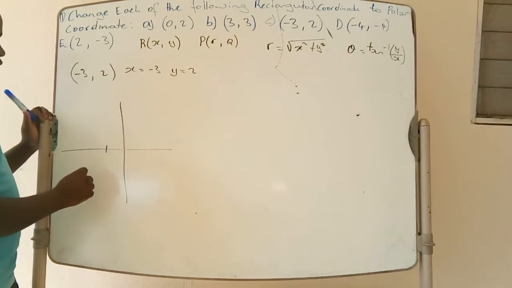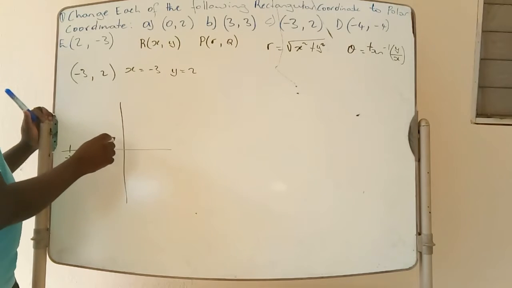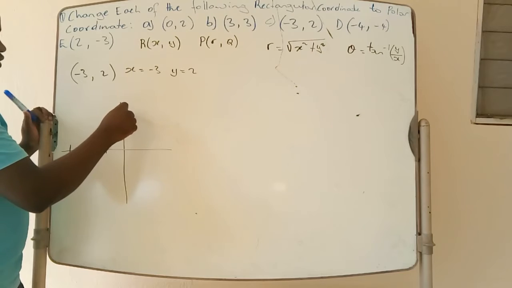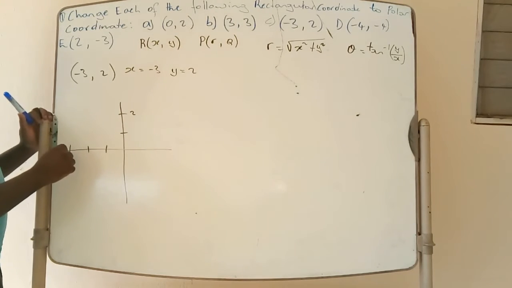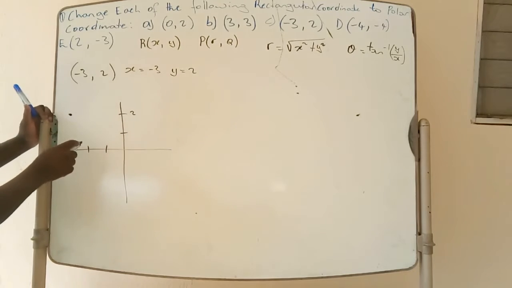So that's negative 1, negative 2, negative 3. So negative 3 would be about there. And we must go positive 2, so we're going to have positive 1, positive 2. That's where positive 2 would be. So the coordinate would be, you go up from here, right up to 2, and that's about it here. So the point would be here.